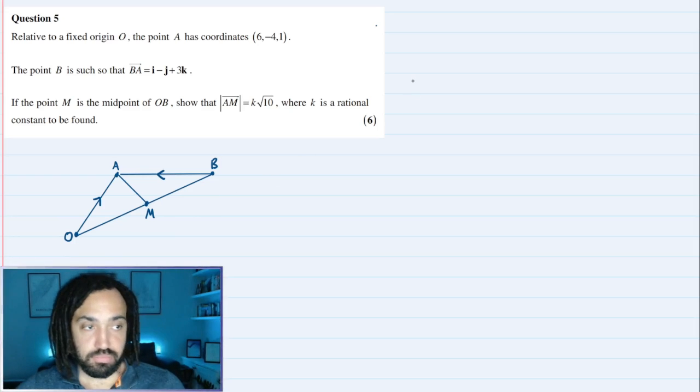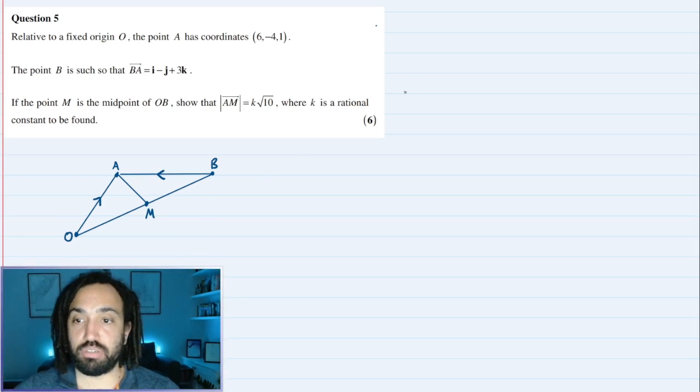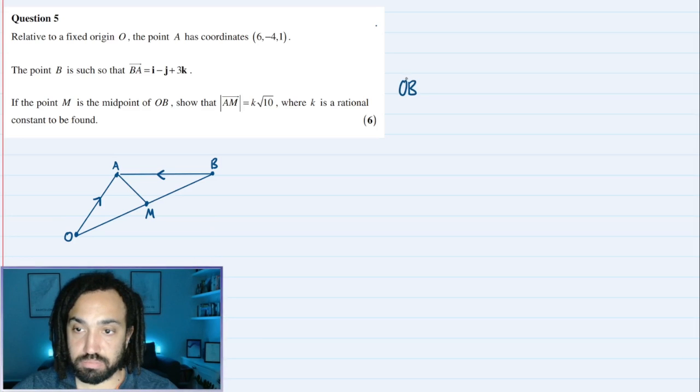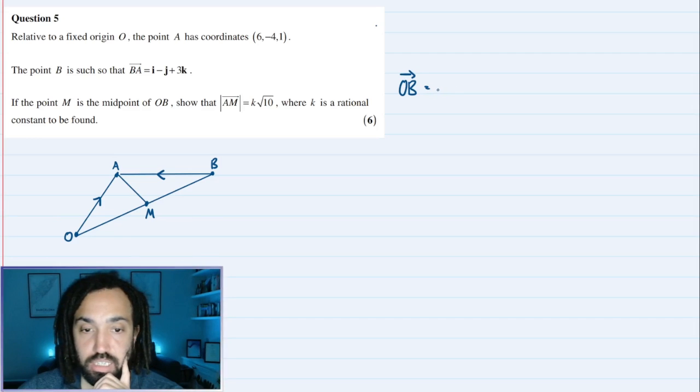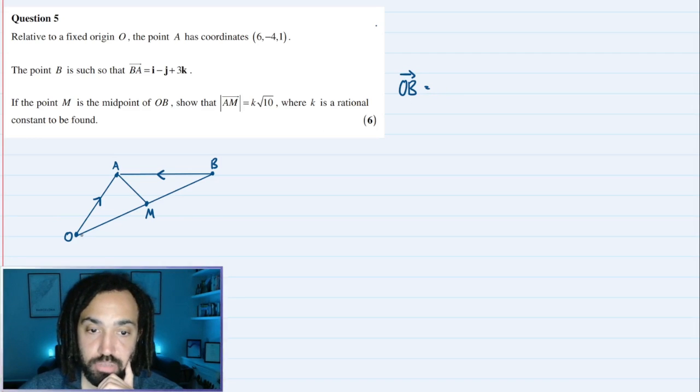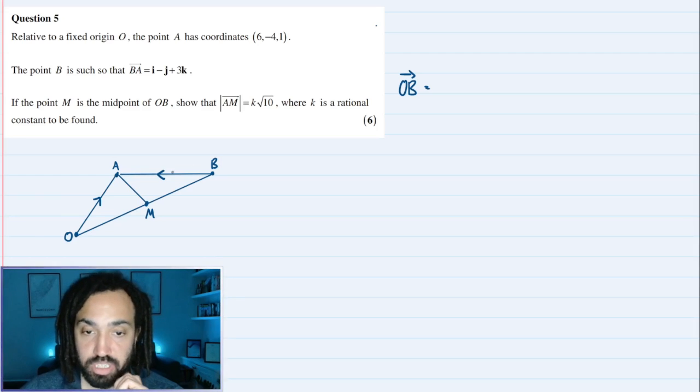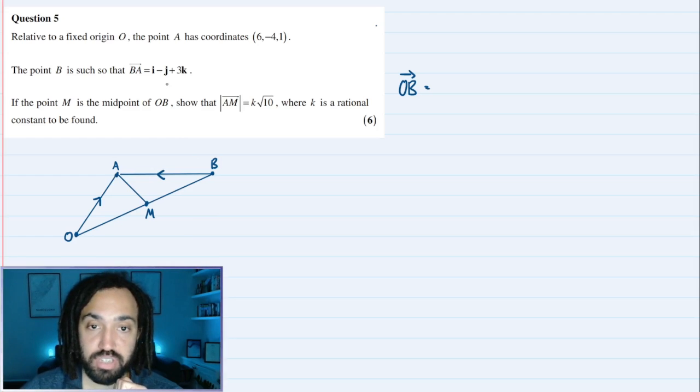Okay, so to get started I'll need to find O to B. Well, how do I get from O to B? I can go to A, and then I can take away B to A, because we're going in the wrong direction there, so I'm going to have to take away this vector.